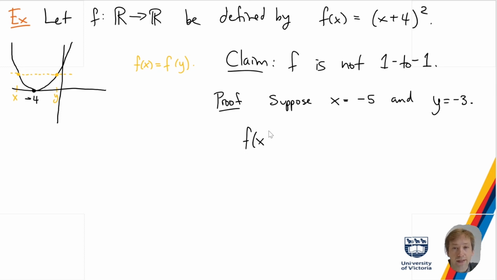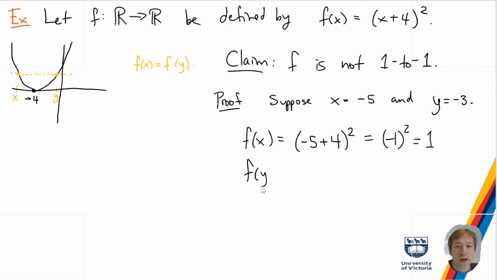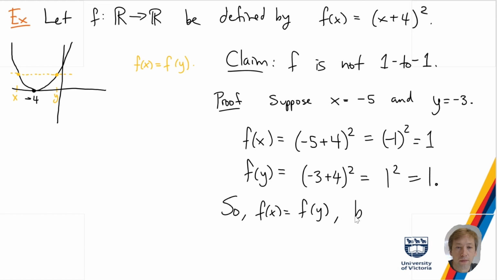So if I take f of x, that's (-5 plus 4) squared, which is (-1) squared, which is 1. And if I take f of y, I get (-3 plus 4) squared, which is 1 squared, which is 1. So f of x equals f of y, but x is not equal to y, so it's not injective.